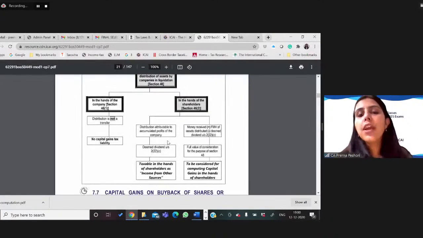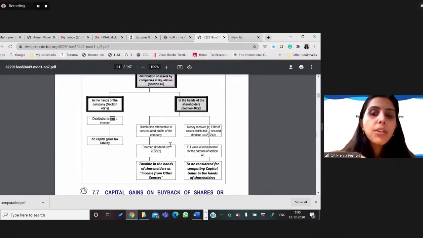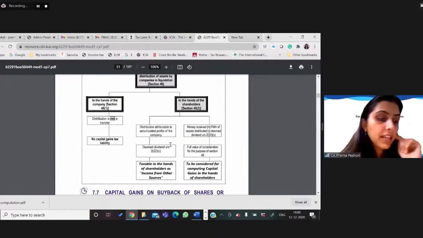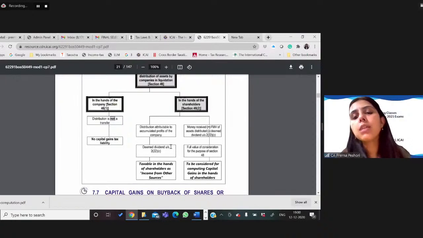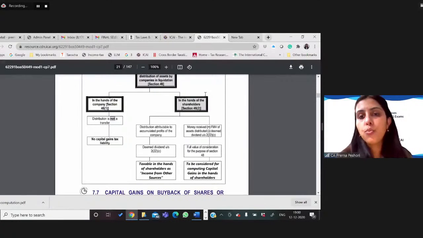In the hands of the shareholder, distribution attributable to the accumulated profits is deemed dividend under section 2(22)(c). And that will be taxable in the hands of shareholders as income from other sources. Over and above that will be taxable under the head capital gain. So money received plus FMV of assets distributed minus deemed dividend will be taxed as full value of consideration under section 46(2). Is it clear? Any doubts?